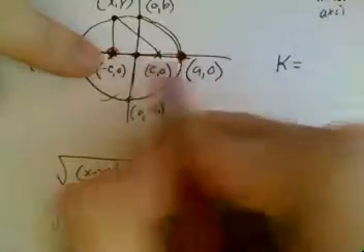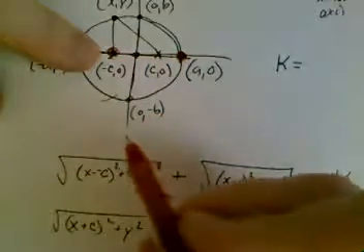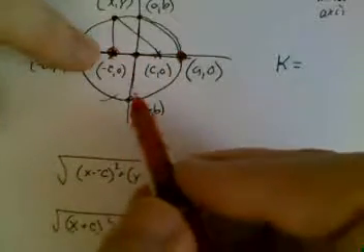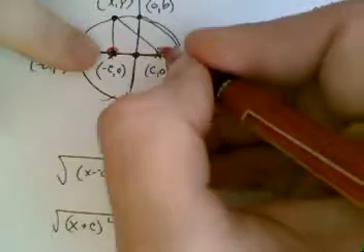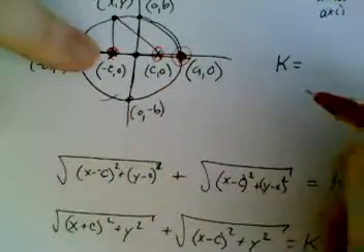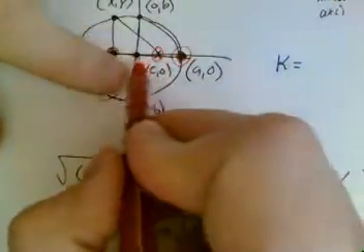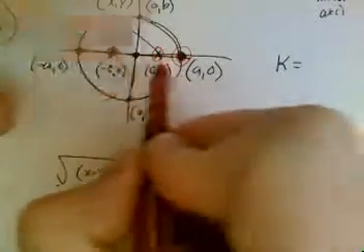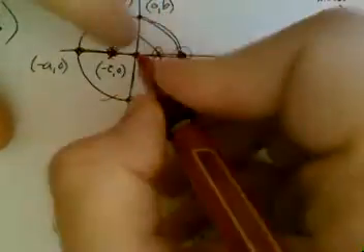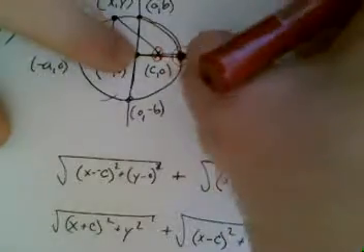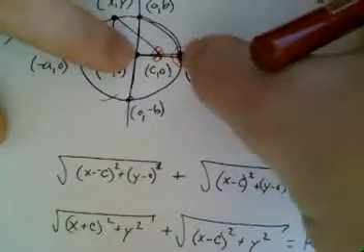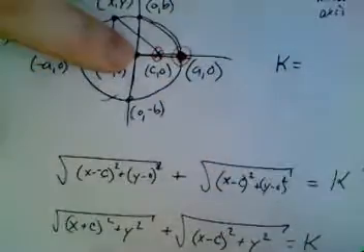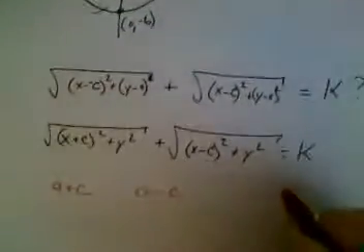Because I have a distance of a and then a positive distance of c. Well, what would my distance from here to here be? If I have to go all the way out to a from the origin, I have to subtract that value of c. Again, if this whole distance is a, from here to here, I have to subtract c from it. So the distance for that piece is a minus c.